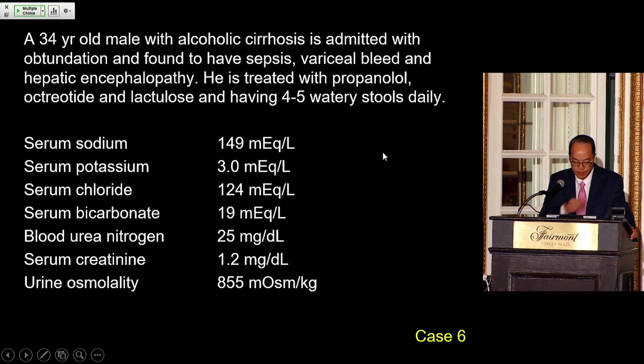Okay, next patient. A 34-year-old male with alcoholic cirrhosis is admitted with obtundation and found to have sepsis, variceal bleed, and hepatic encephalopathy. He's treated with propranolol, octreotide, and lactulose, and gets 4 to 5 watery stools daily. And when he's seen, his sodium is 149, K is 3, bicarb 19, urine osmolality 855.